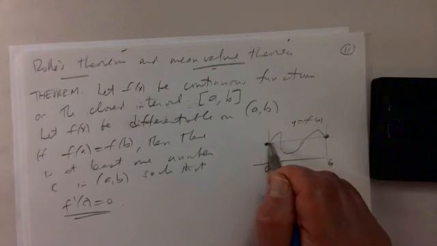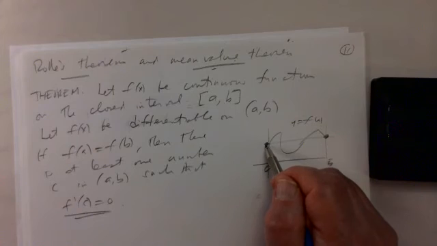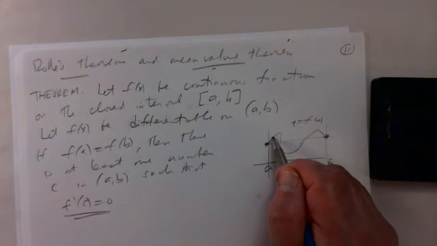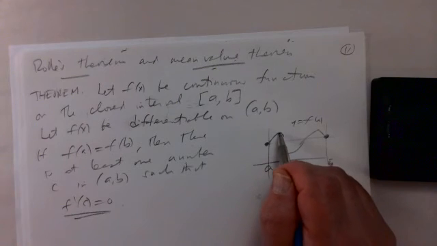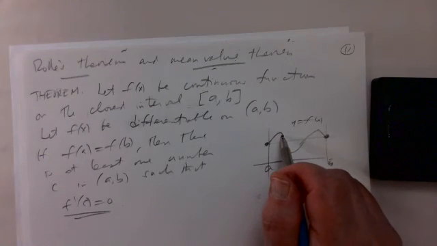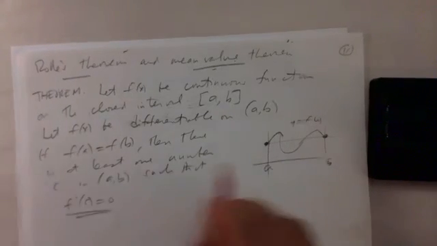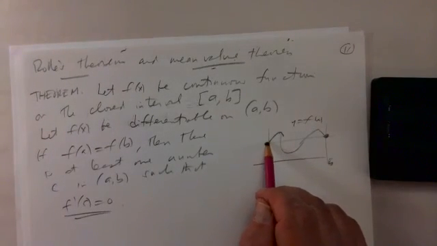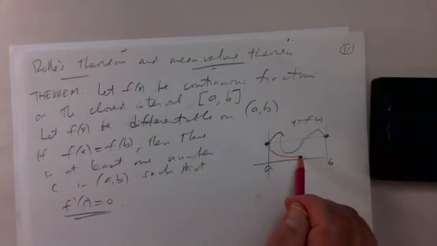In other words, if you're going from here to here, let's say you start going up, at some point you're going to have to come down, which means you have a relative maximum and the derivative is 0. Or if from the point A you started to go down, you have to end up back up at the same height.